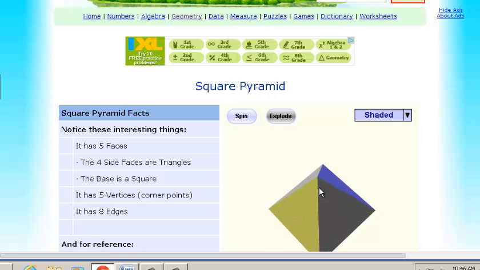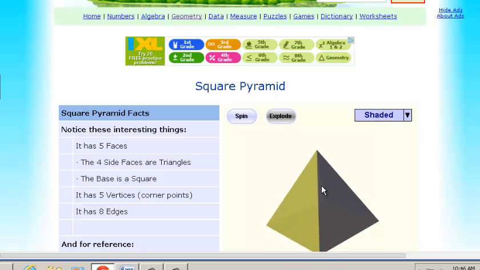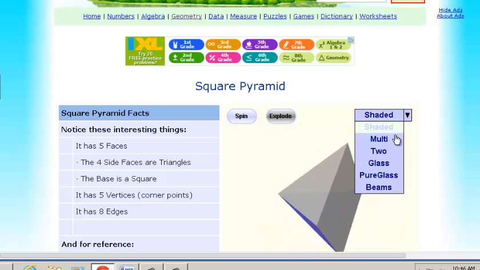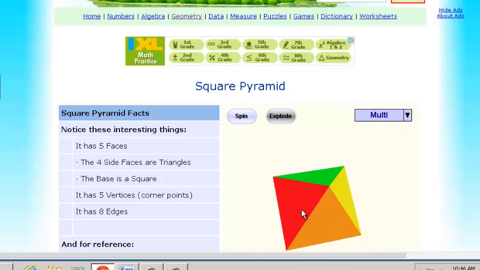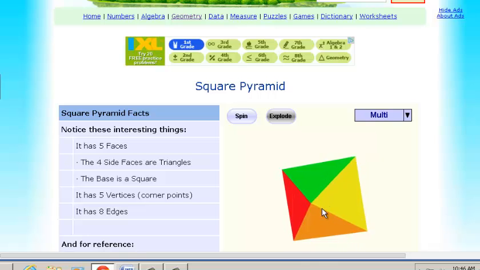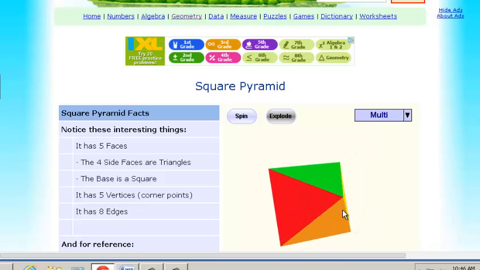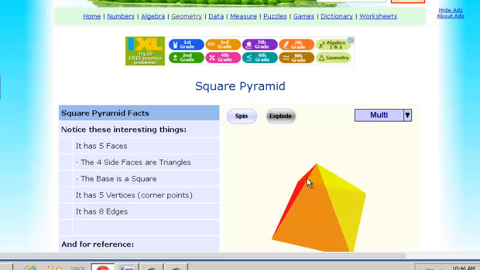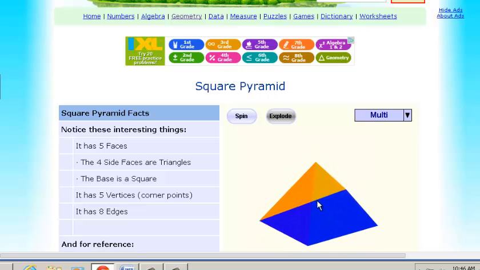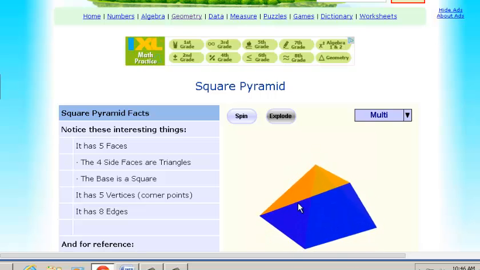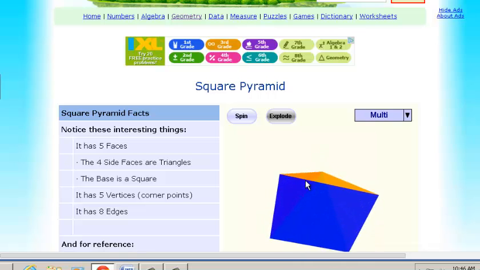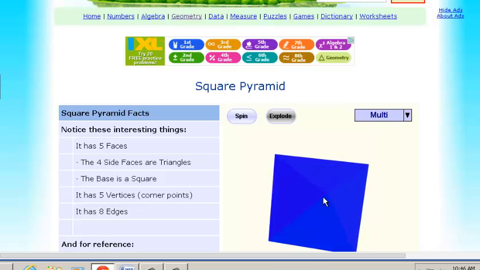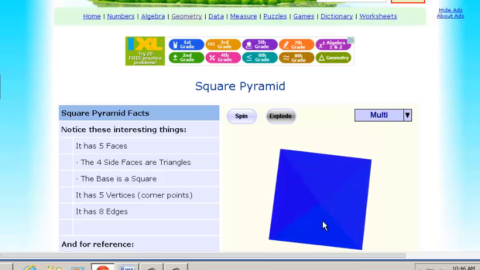Again, let me go over it really slowly, and I'm going to shade it multi so that you can see it. So these different colored ones, the yellow, the orange, the green, and the red, those are called the faces. Where these edges meet, these points, one on the top, those are called the vertices.